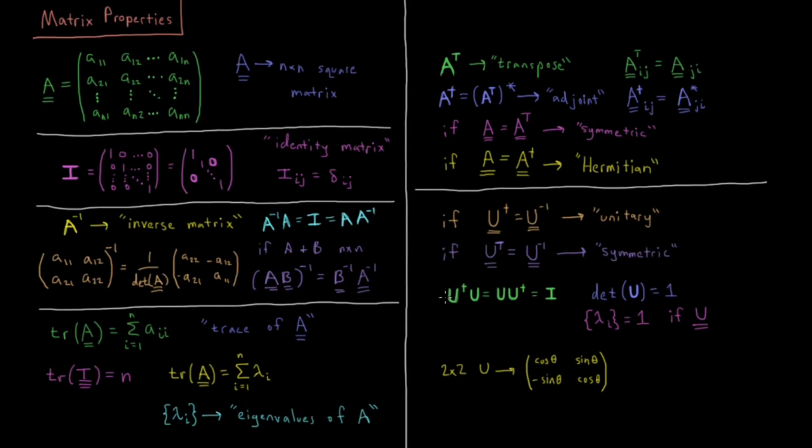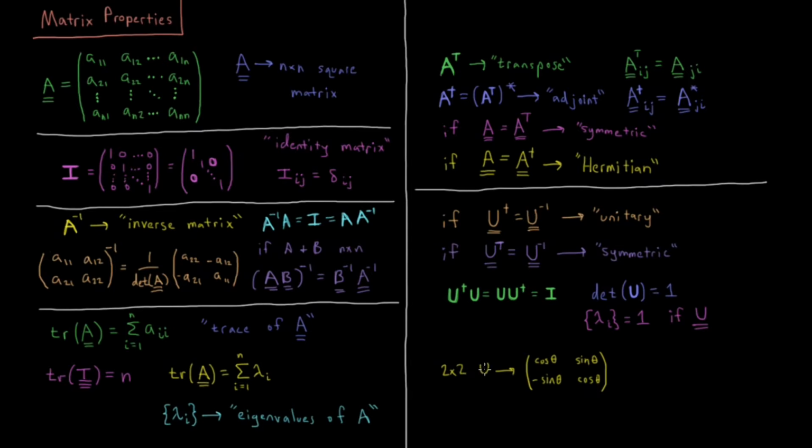The determinant of a transpose is equal to the determinant of the matrix itself. So the determinant of a unitary or an orthogonal matrix has to be 1. And that also means, for a unitary matrix, that all of your eigenvalues have to be equal to 1 as well.